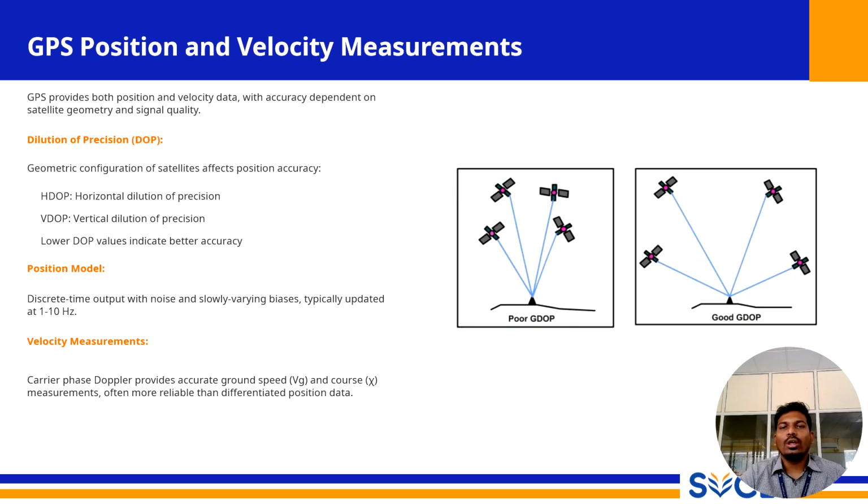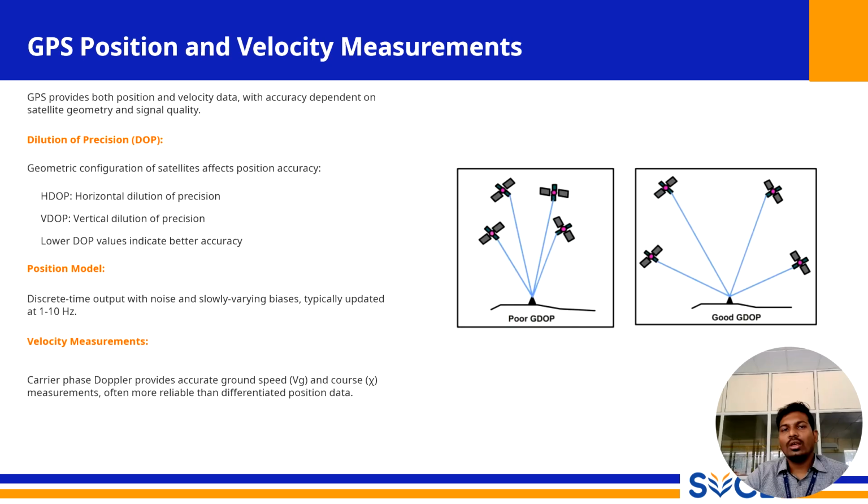When we model the output of the GPS receiver for our control system, we need to understand the nature of the data it provides. The position model for a typical GPS unit is a discretized time output, with noise and slowly varying bias.